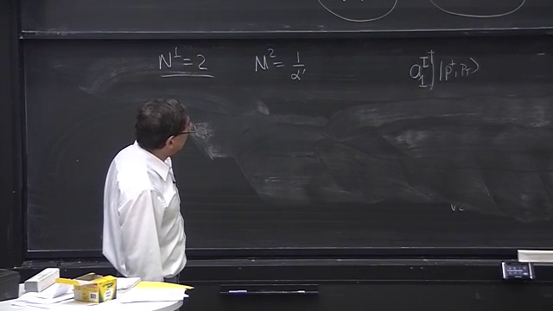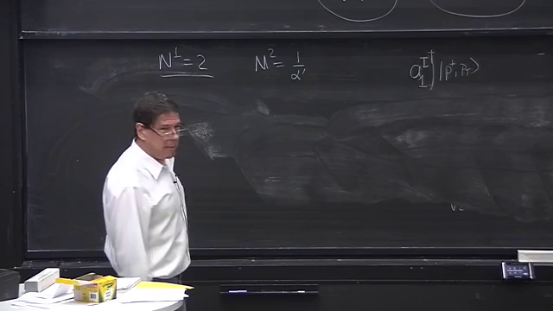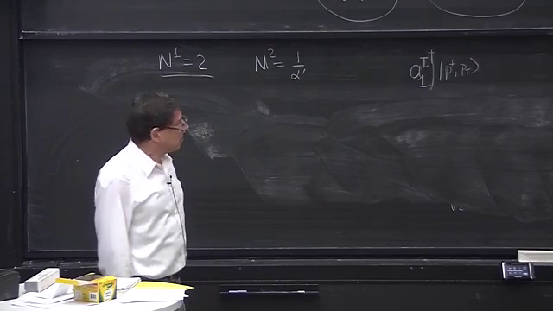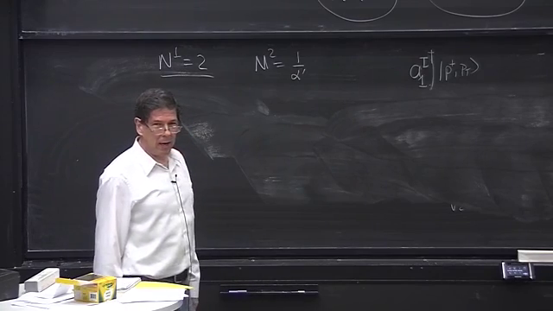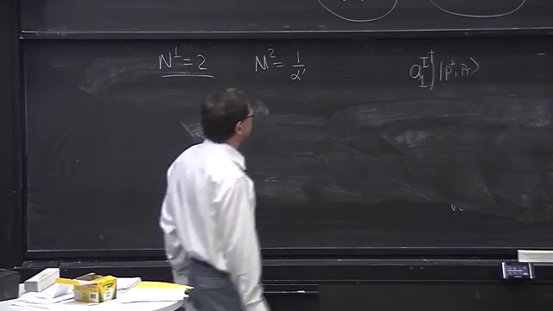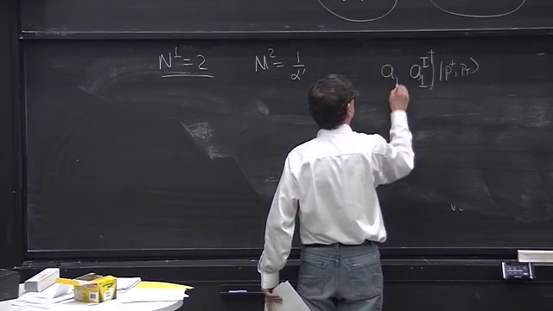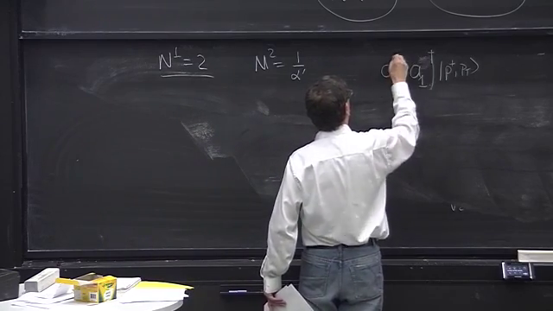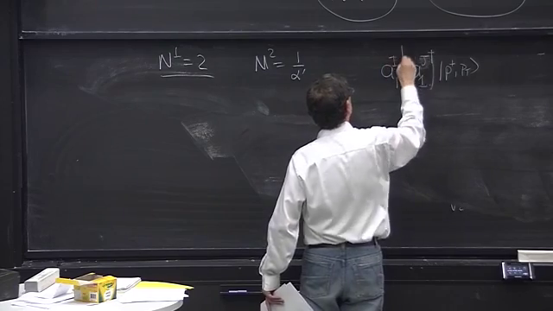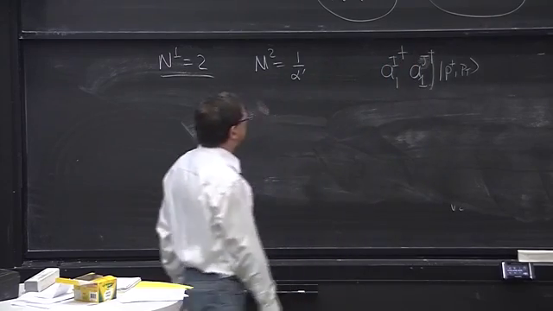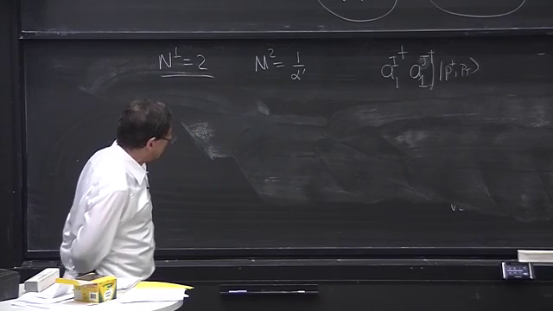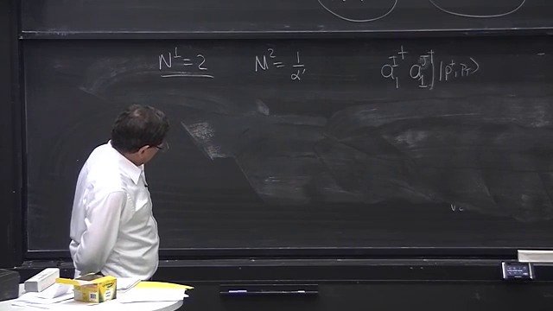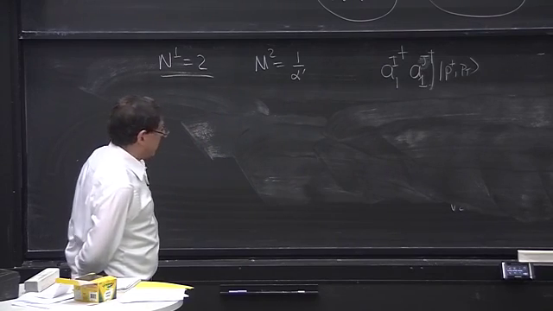Now, that would have n perp equal 1. Maybe I can square it. Yeah, that would do it. But more generally, I can put another A1. And I'll call this one I and this one J. And that's it. Two things like that. That is a state with n perp equals 2.